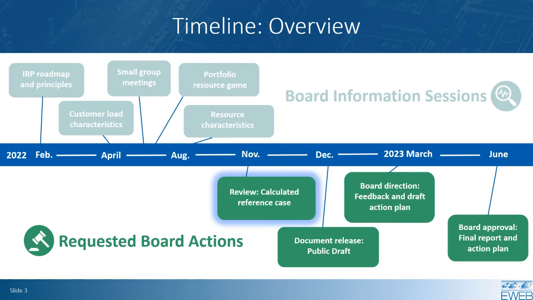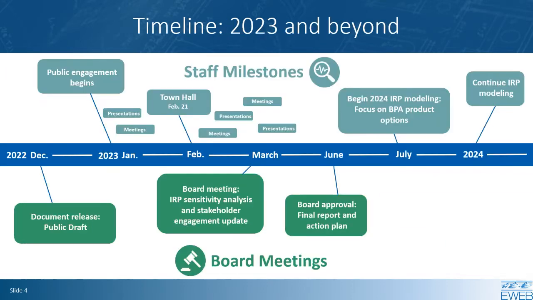So let's look at the timeline. In a couple weeks at the December board meeting, we're going to be back in front of you with the public draft IRP to discuss our public engagement plan and next steps. Then in early 2023, we have a February town hall that we're planning to engage the public.